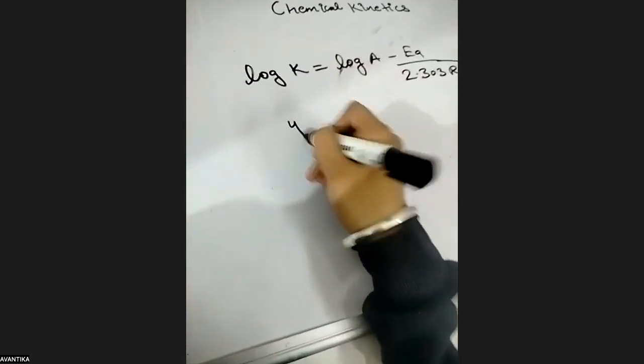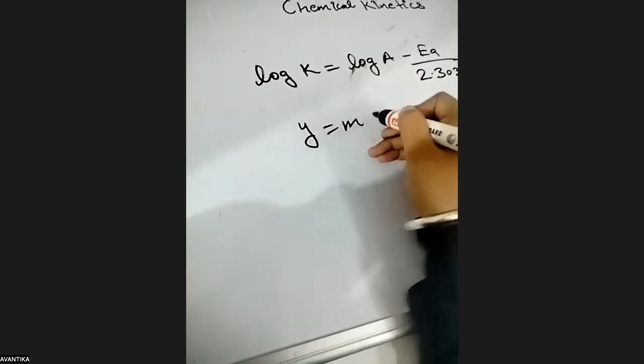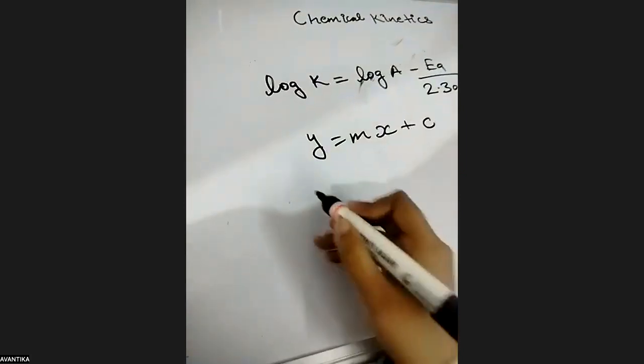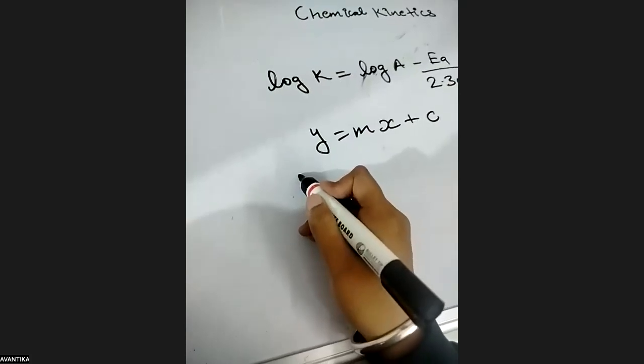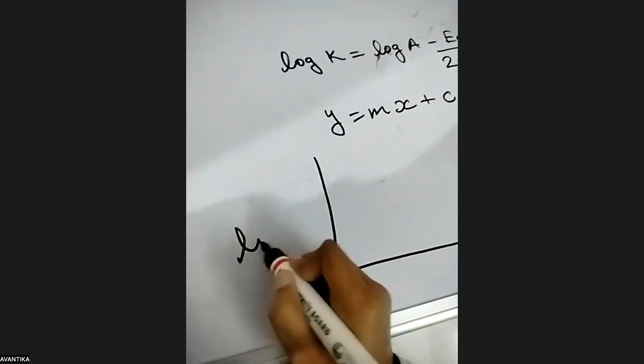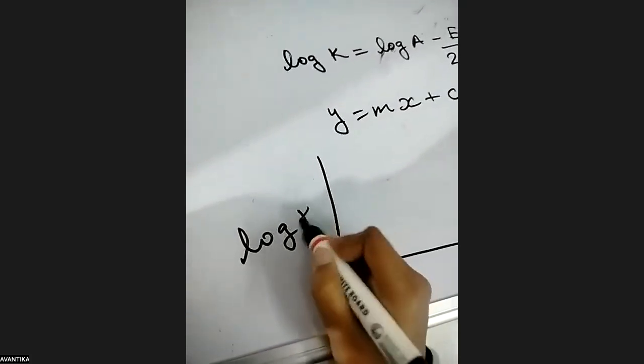So from y equals mx plus c, here y is log k and log A is the intercept.